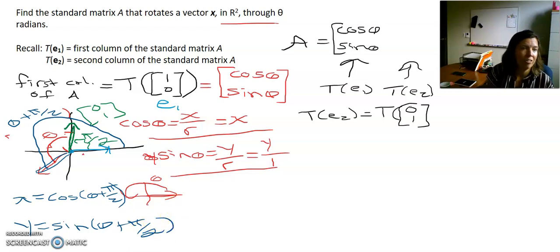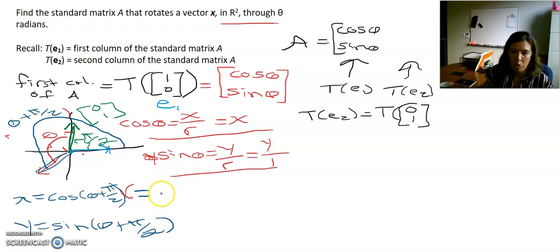And now you have to use some formulas from trig. And I want this video to end soon, so I'm going to go through this trig part fairly quickly. Okay, so angle addition formula for cosine.